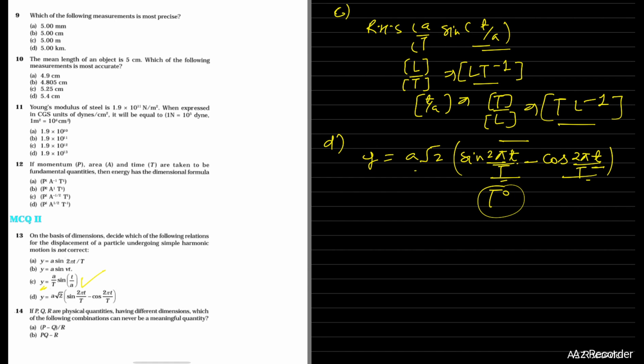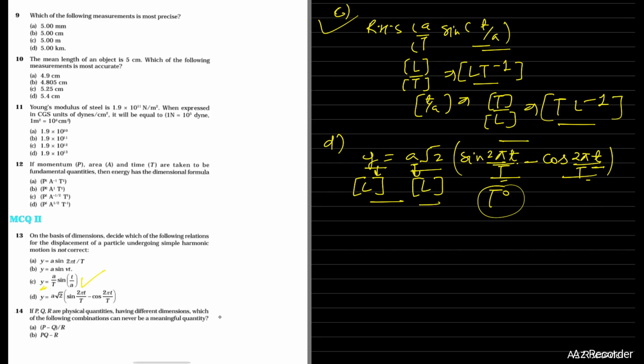So this would also be length, this is also length. So this is also the same, so only option C would be the right answer.